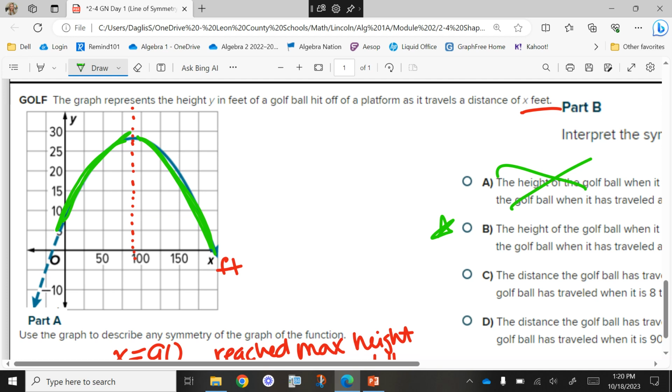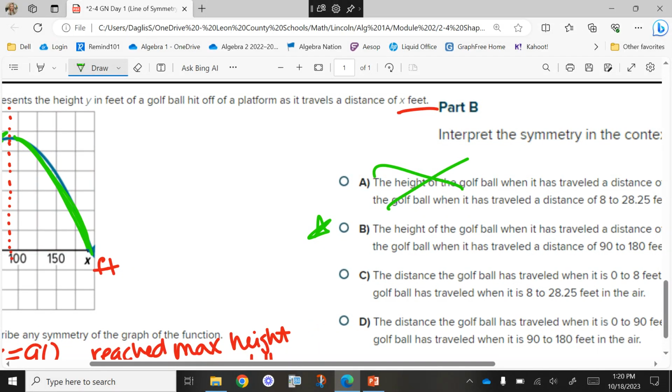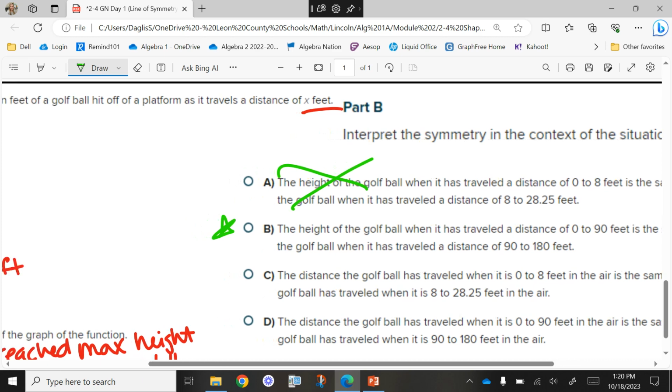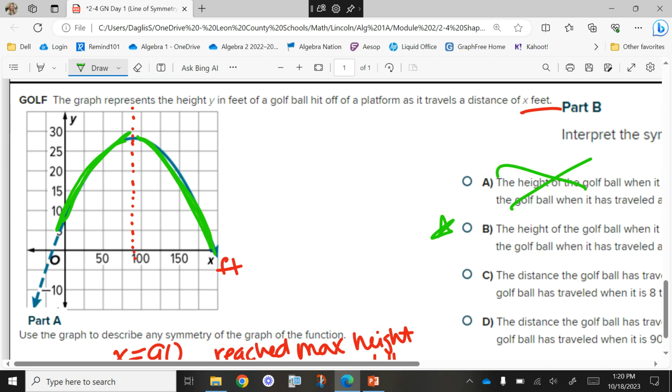You're going to get confused. There are lots of words happening that you need to hear me say and not what you are saying. Again, so far I like B because it said the golf ball when it has traveled a distance from 0 to 90 feet is the same height as going 100 to 180 on this side. I like that. Those are symmetric, okay?